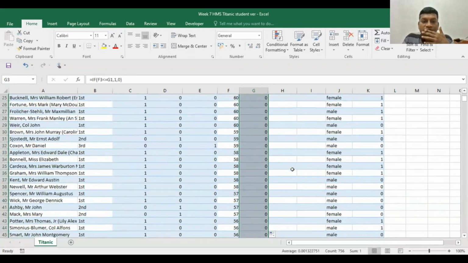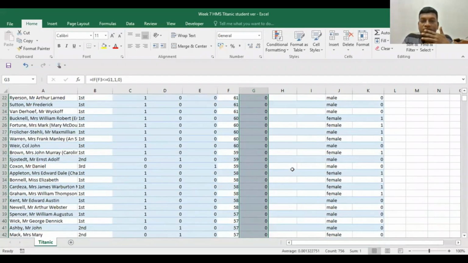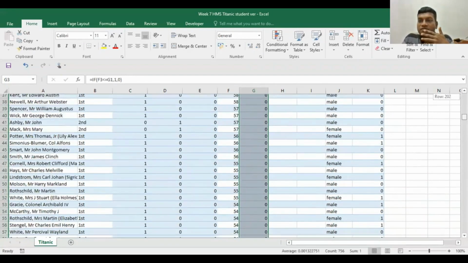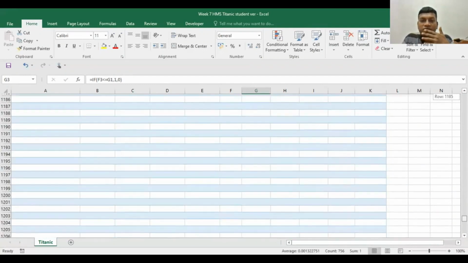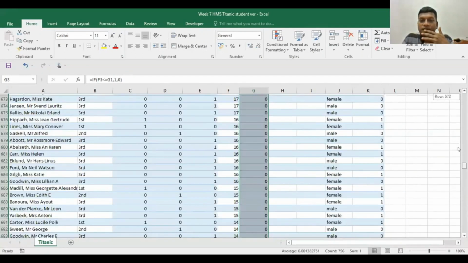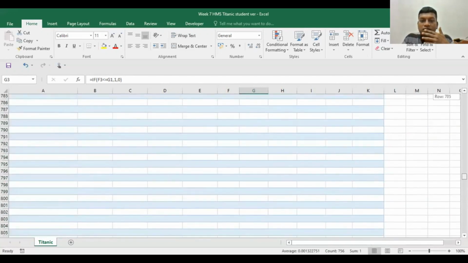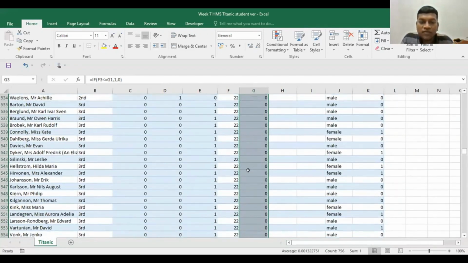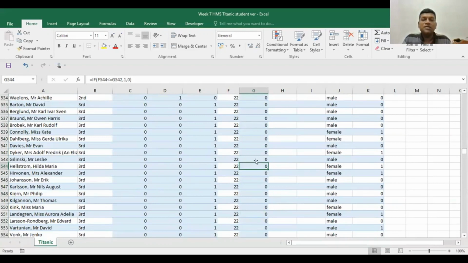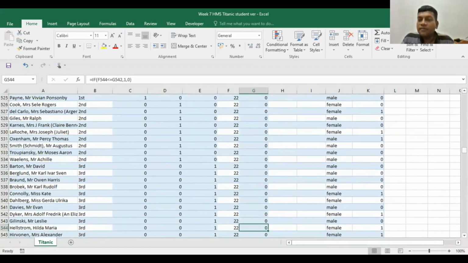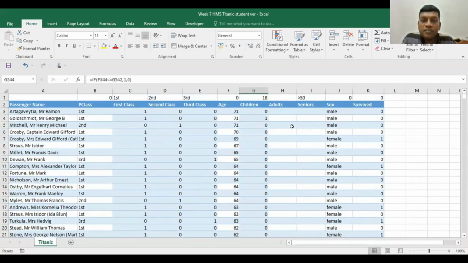So let me look for the first instance. It should come somewhere at the bottom because we have sorted it based on age. Okay, so it's not working. It is giving me 0 here. Let me see what's going wrong. Children. If F3 is less than 18, okay, I didn't lock this.